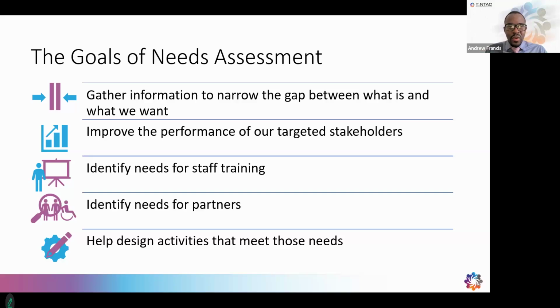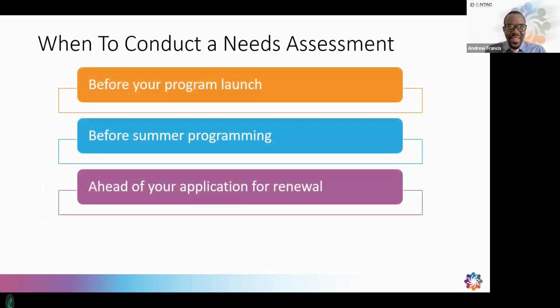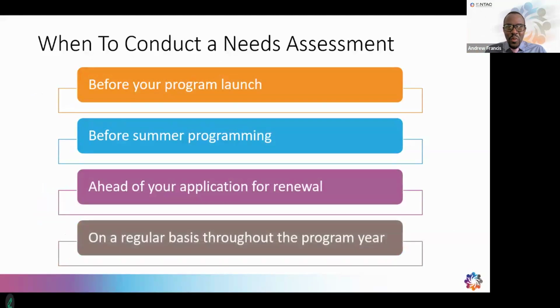Absolutely. So the big question is, when do we conduct a needs assessment, right? And again, we have a lot of folks in the room. Let's share. One, definitely, while this process is important once a program is awarded, it's also important that we start thinking about the process earlier on, even as a prospective grantee.